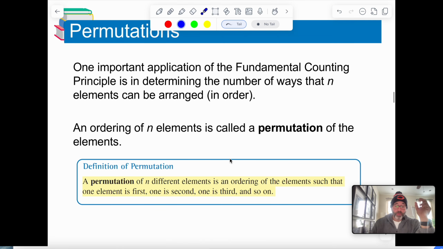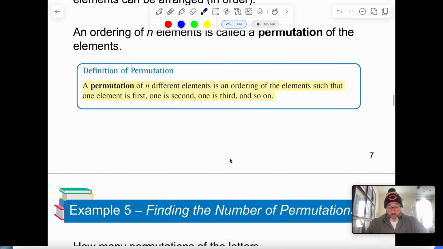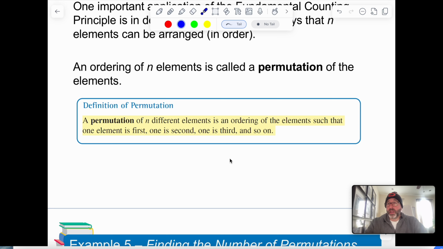One important application of the fundamental counting principle is the idea of a permutation, which means we are dealing with a situation where the order of events matters. An example is a horse race. The horses come in first, second, and third place, and you can't change that.